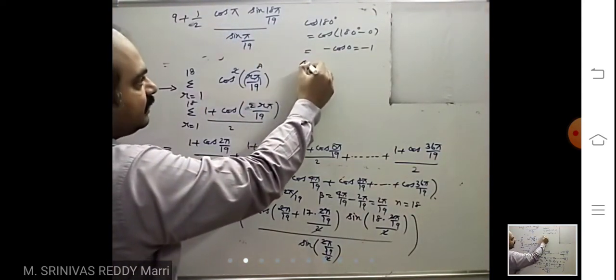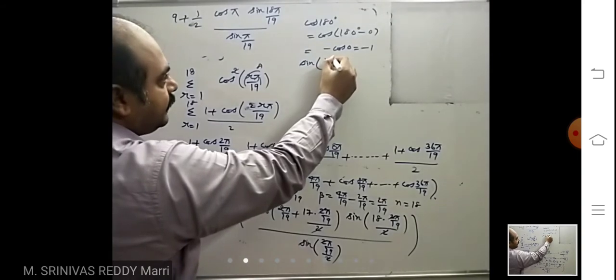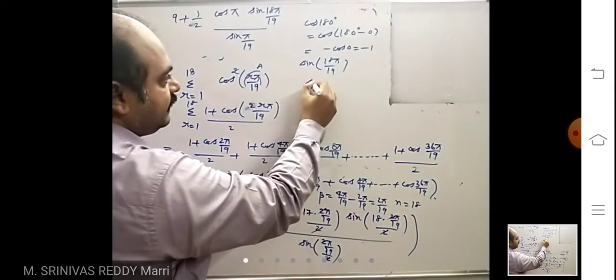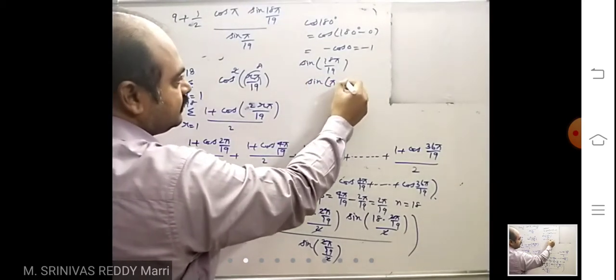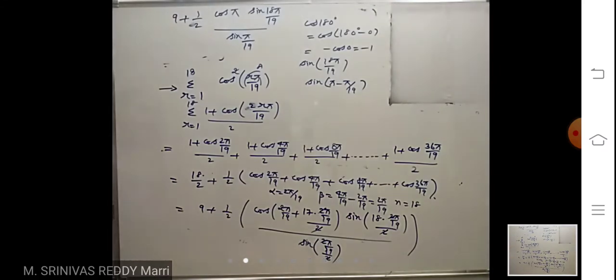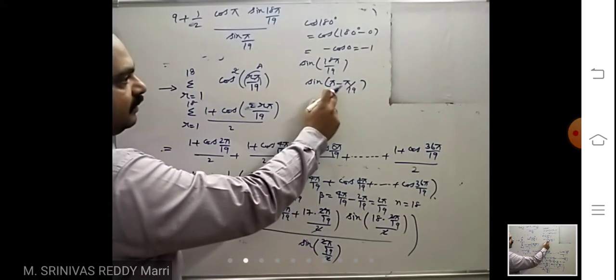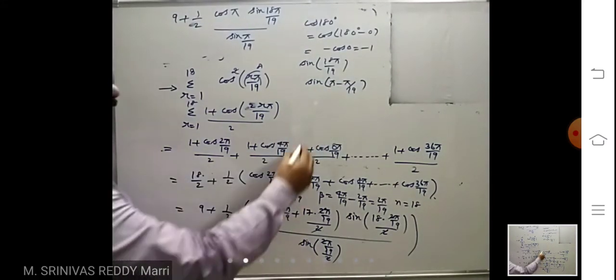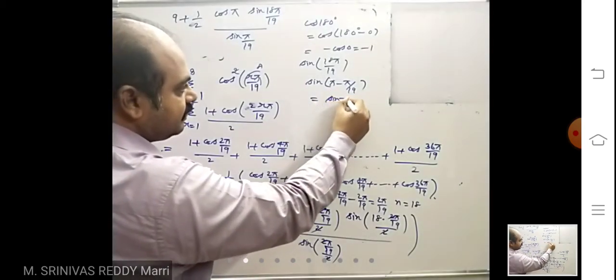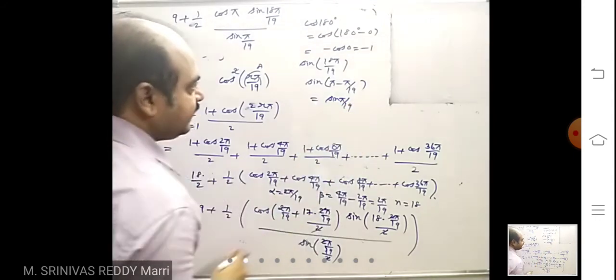Now sine 18 pi by 19 is nothing but sine of pi minus pi by 19. Look at 19 pi minus pi, 18 pi by 19. This is nothing but sine of 180 minus theta, so sine pi by 19.